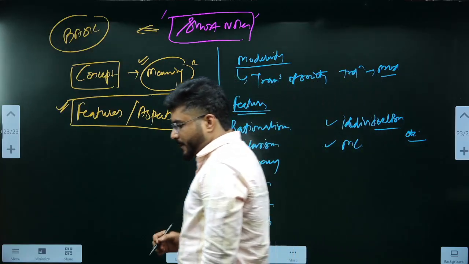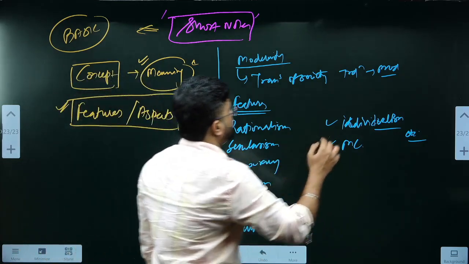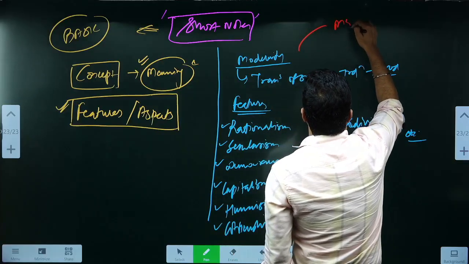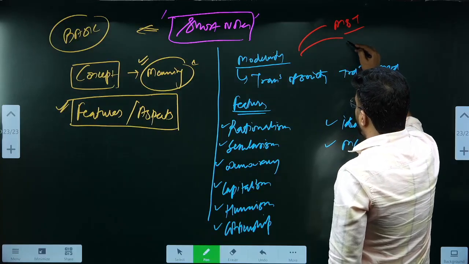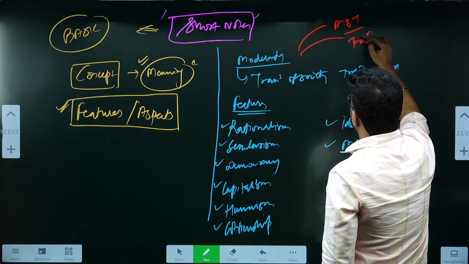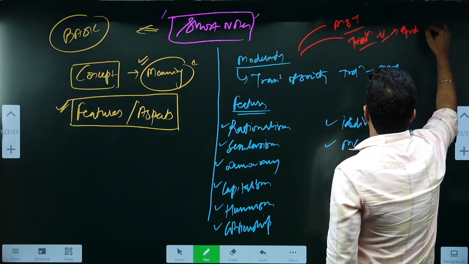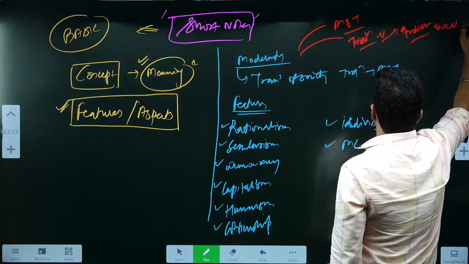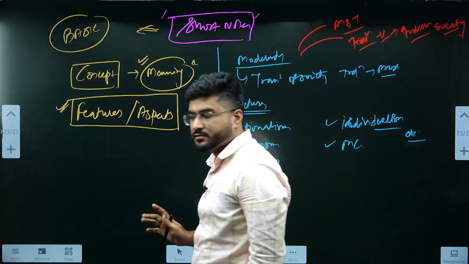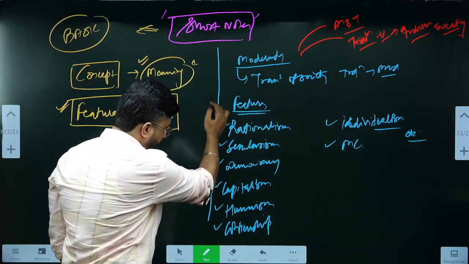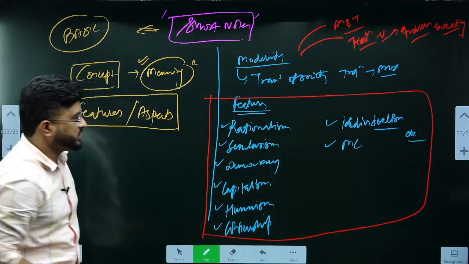Now, if the examiner is asking me a question that how modernity and traditions are antithetical to each other, are traditional institutions or traditional values continuing in Indian society or not? That was what UPSC asked twice in paper 2 this year. Can't you compare traditions with modernity with these features of modernization itself?